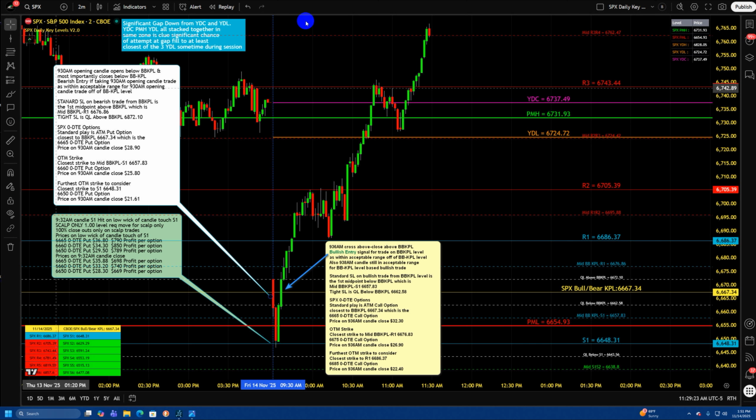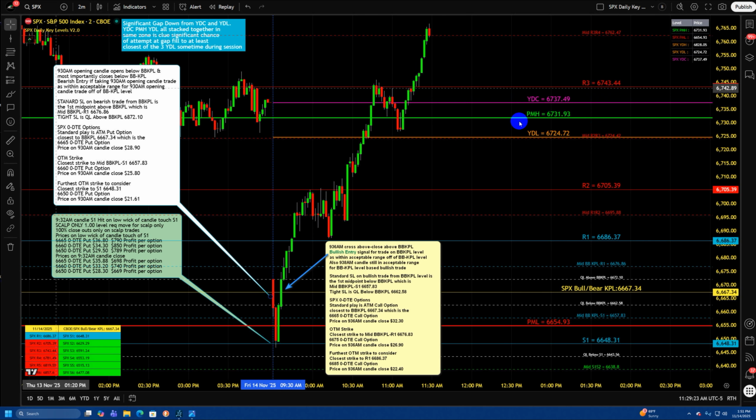So keep in mind the initial note in the video today on this indicator, of the significant gap down and these three levels that we pointed out that were all in a row in this compressed zone.